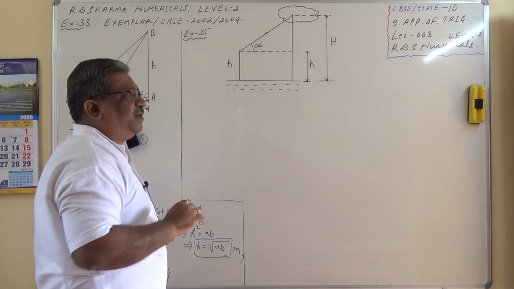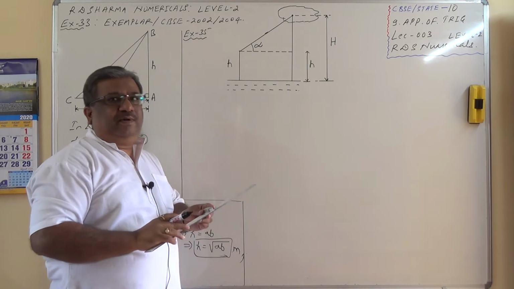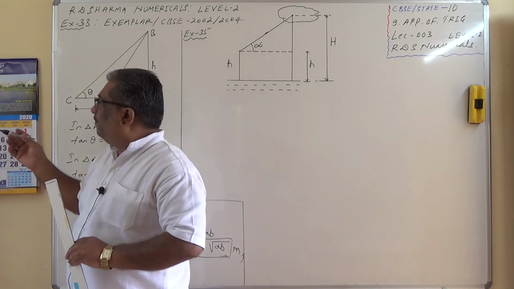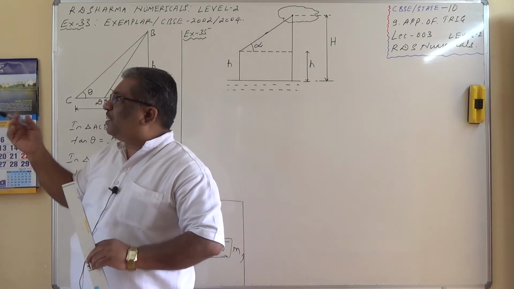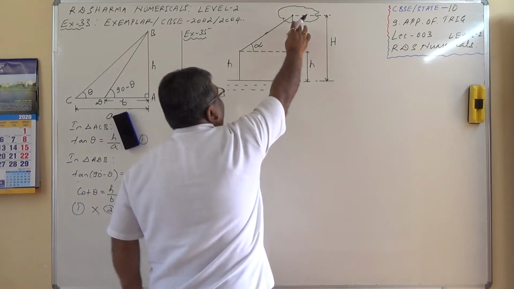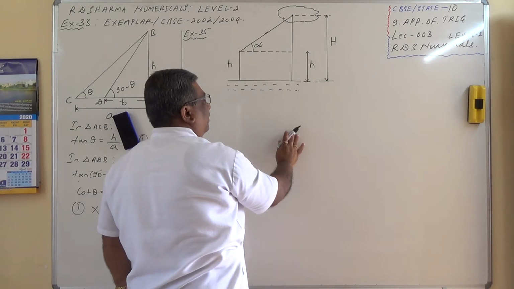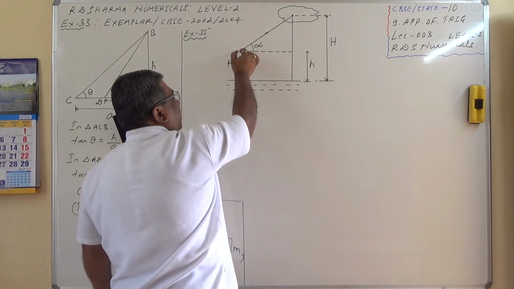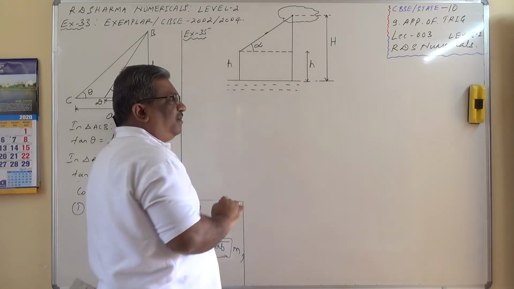That means we get the reflection of this cloud in the lake, and when it is observed from this height h, the angle of depression is beta.